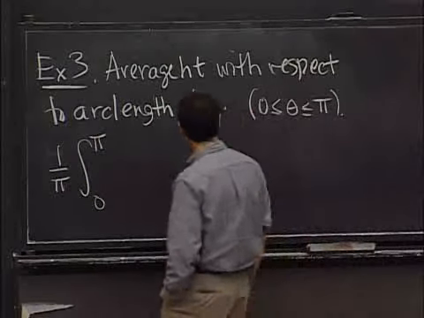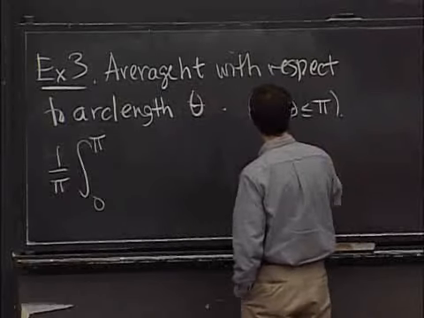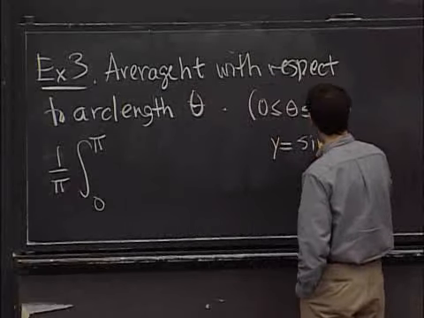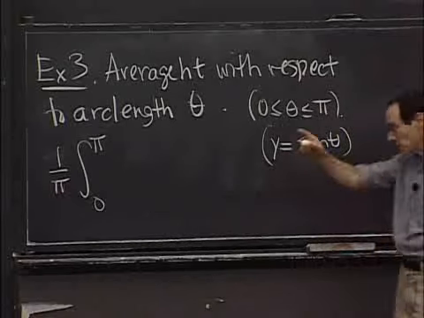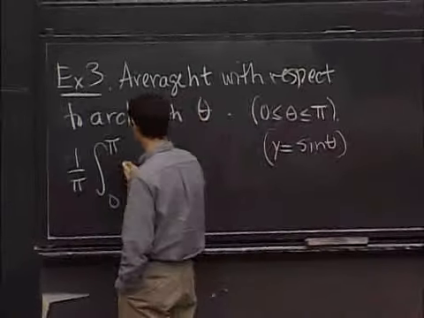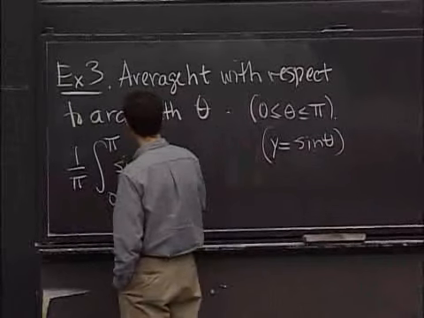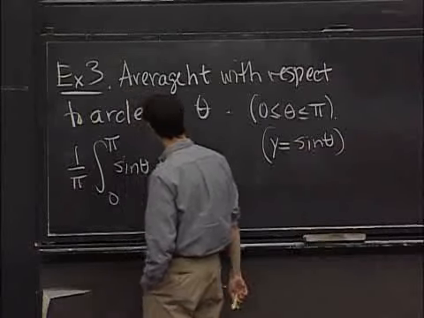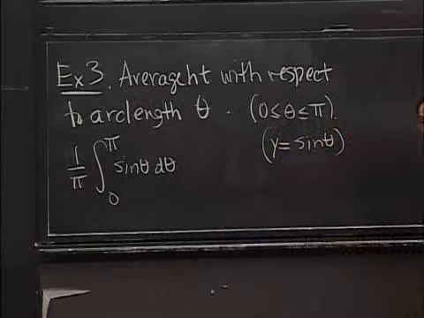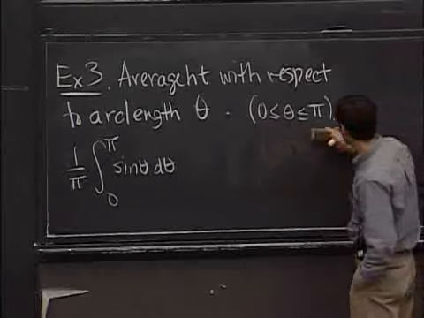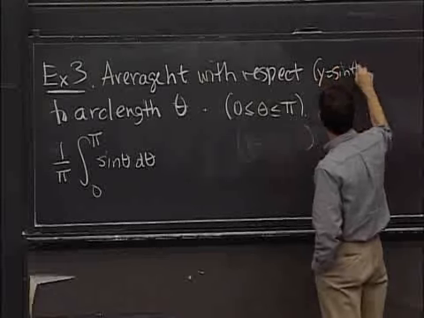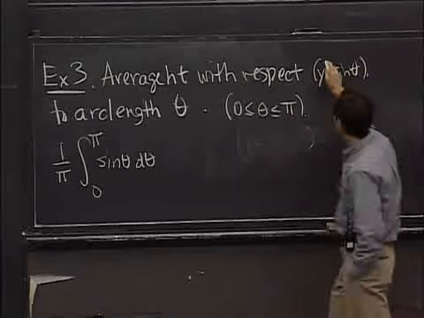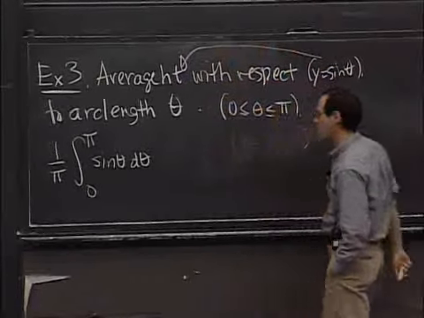And the integration requires us to know the formula for the height, which is sine theta, in terms of theta, of course. It's the same as square root of 1 minus x squared, but it's expressed in terms of theta. So it's this. And here's our average. Okay, sorry, I'll put this up here. So that's the formula for the height.